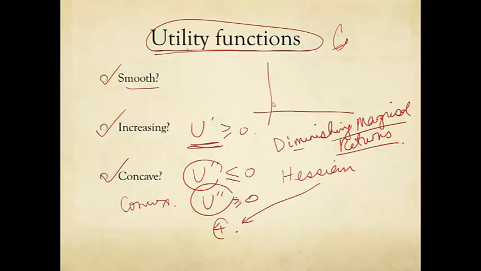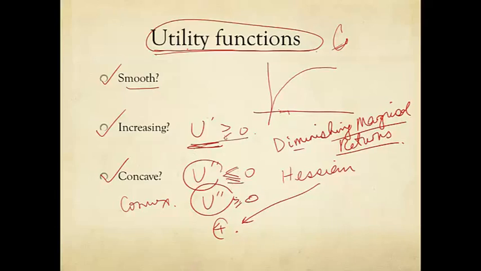So, for example, this kind of function is still going up, up, up. It never drops, but how fast you go as a function of a unit increase in the x-axis, that slows down. In other words, the second derivative is negative.